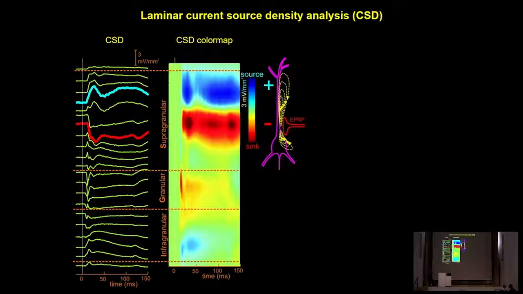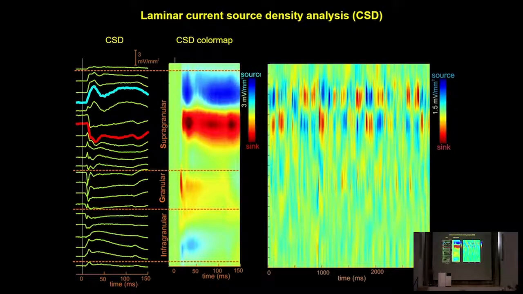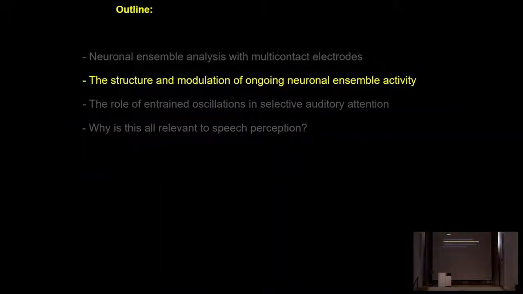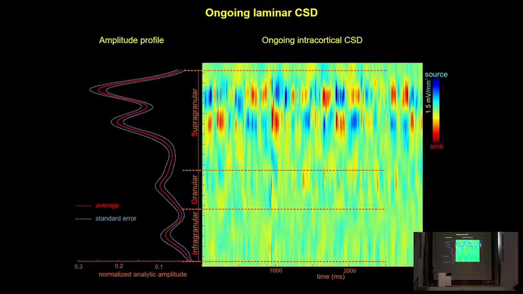Now, besides auditory evoked responses that you see here, even ongoing neuronal activity has a nice laminar profile, and this is what I'm going to talk about next. As you can see on this 3-second long CSD segment, here is laminar depth, here is time. Ongoing neuronal activity is largest in amplitude in the supragranular layers, and this is what's shown in the pooled data to the left.